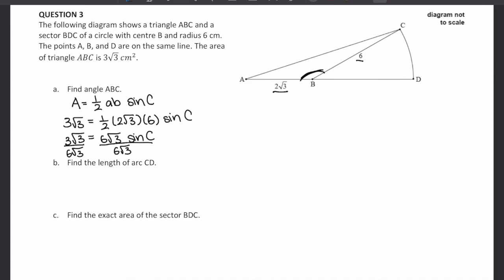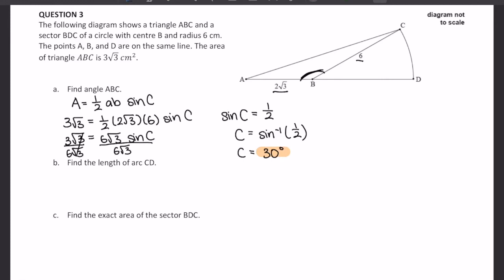And so we get that the sine of C is equal to 1/2, because the 3√3 divided by 3√3 cancels to 1, and we're just left with 3/6, which simplifies to 1/2. So if we take the inverse sine of both sides, angle C is the inverse sine of 1/2. Going to the calculator, C is 30 degrees. So there's our first answer, 30 degrees.